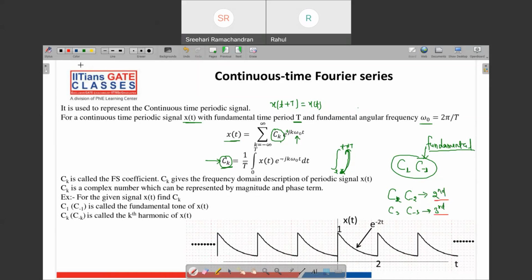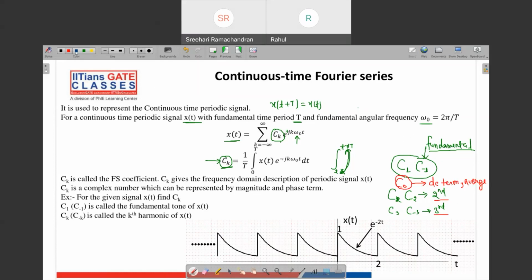Here you will get one more value that we call c of 0. This c of 0 we call the DC term, and we also call it the average. So it is both the DC term as well as the average.